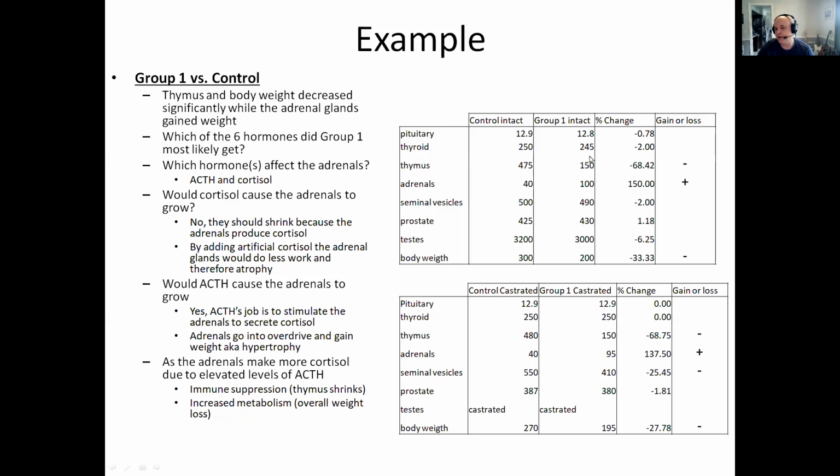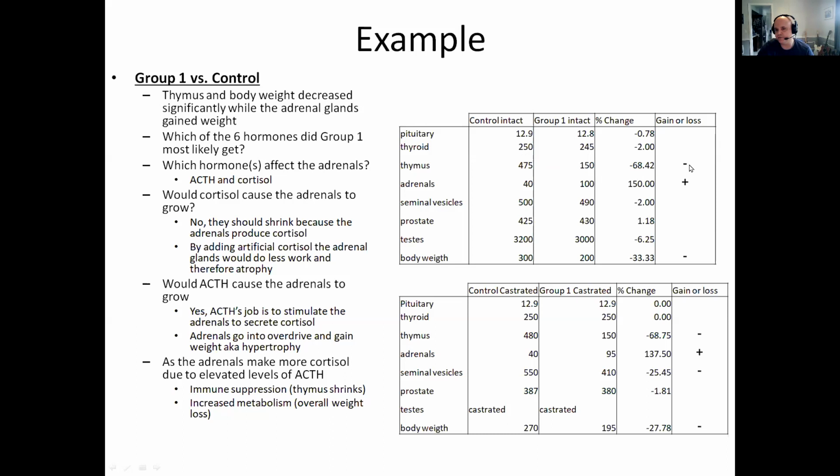It's more than a 50% loss. A 100% loss would be zero, right? We would have to lose all 475 milligrams. But we've lost more than half. And that's borne out. When I do the actual calculation, I can see that it's a negative 68.42%, or a 68% loss. So that's significant. That's more than 19%. So I put a negative there.